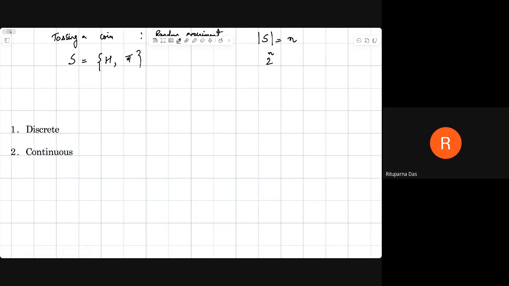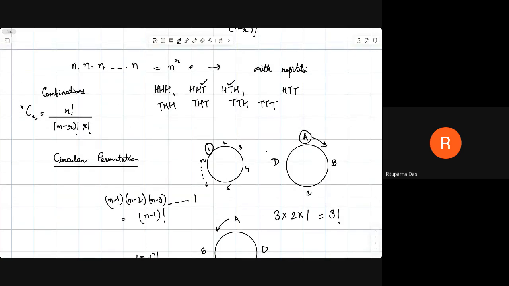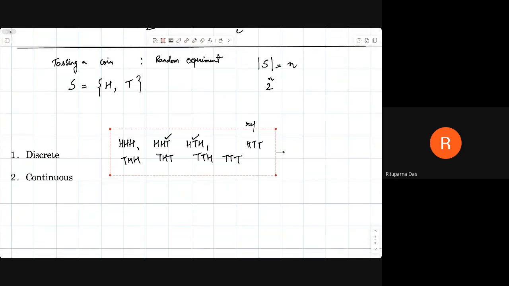Say, let me take the example that I took a while ago. Say we want to examine the event of, I'm so sorry, this got disconnected.